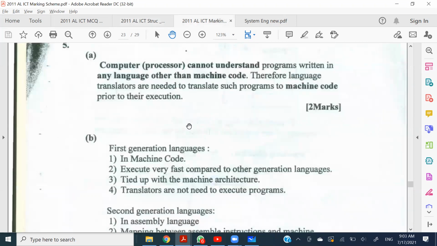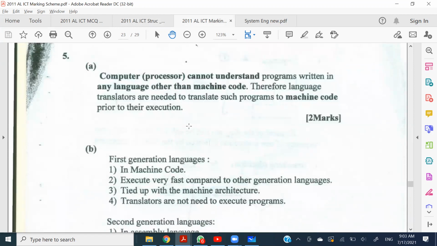So let's go with the marking scheme. It says the computer cannot understand programs written in any language other than machine code. Therefore, language translators are needed to translate such programs to machine code prior to their execution. So that kind of idea should be there. You should say the program is written in a high level language, the human readable language, which cannot be read by the machine, and it should be converted into machine code which can be understood by the machine.